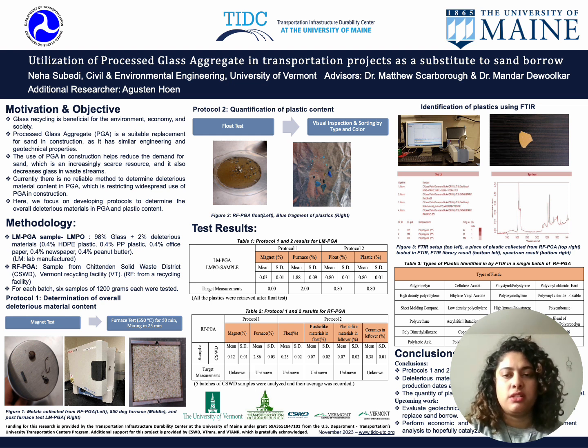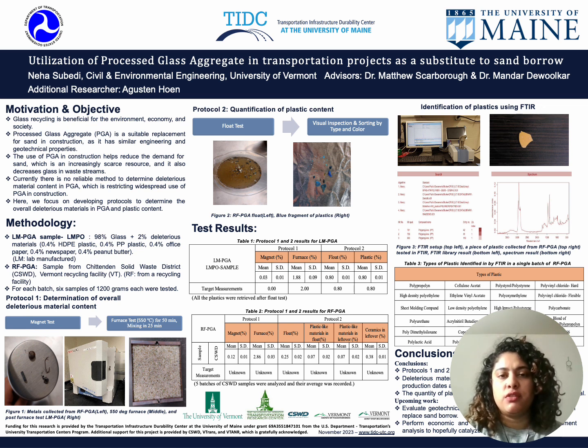Likewise, from the float test, 0.07% of the material was determined to be plastic-like materials and 0.07% of plastic-like materials were recorded in the leftover. The sum of these two results in 0.14%, which is the total plastic content present in our samples, which falls way under the specification limit of 1% set by VTrans for plastic.